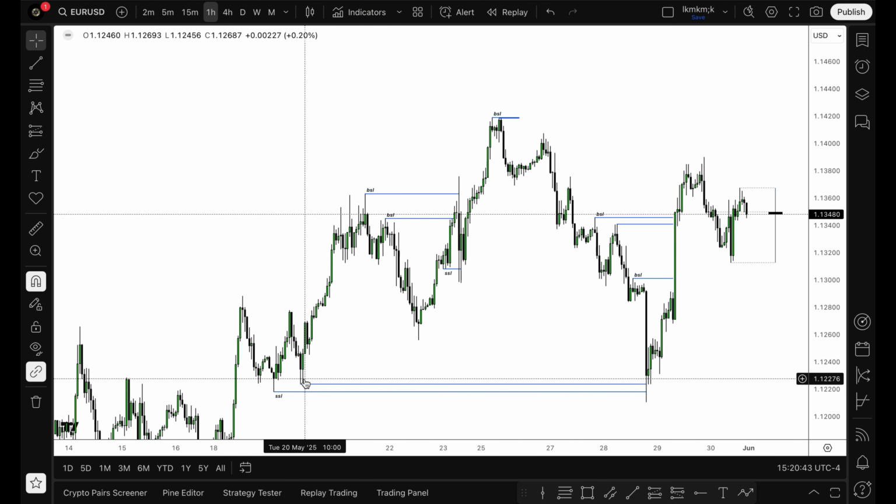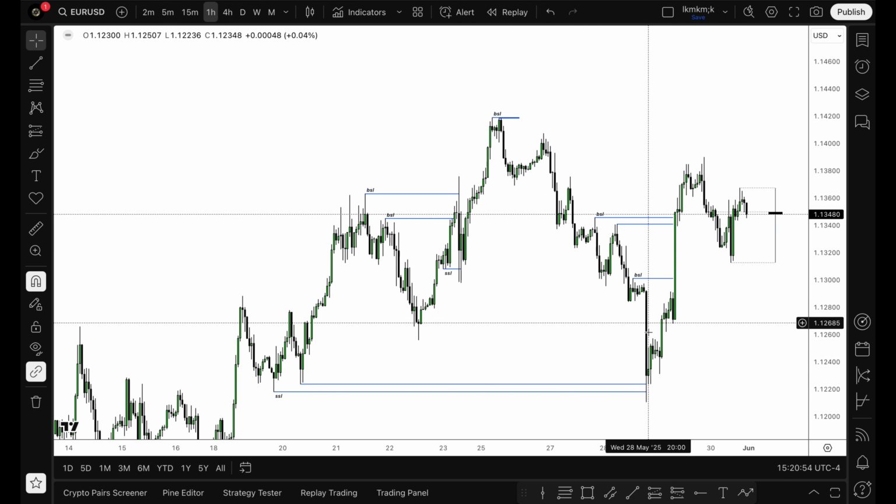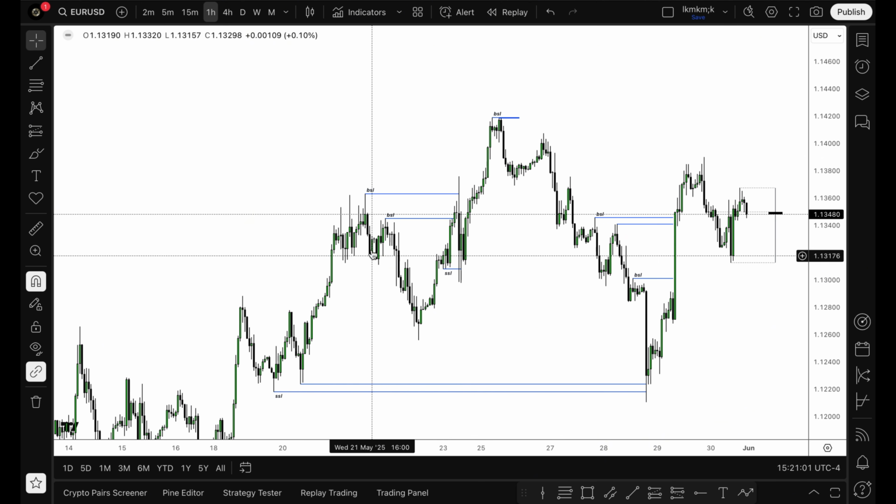So this low is relatively close to this low, so that makes it equal, which price tends to deviate towards a lot of the time. Like here, price deviated toward that with speed as well to take out those equal lows.